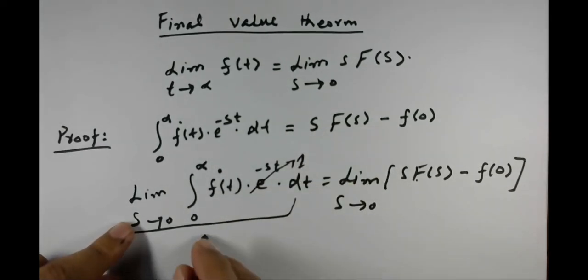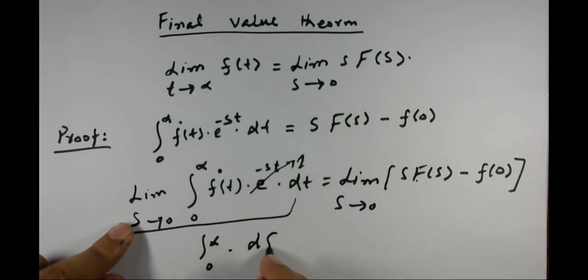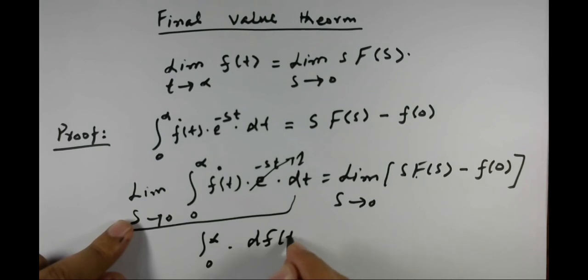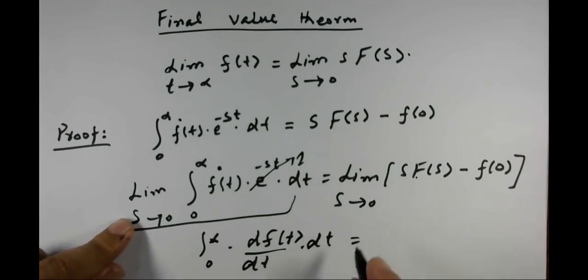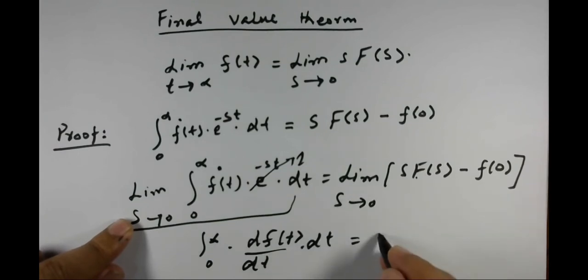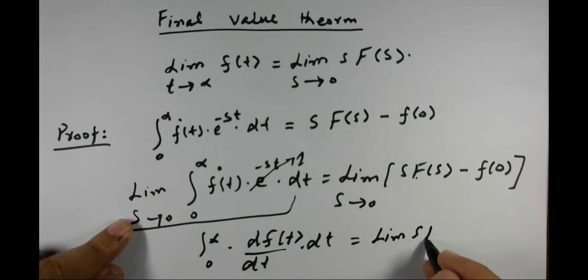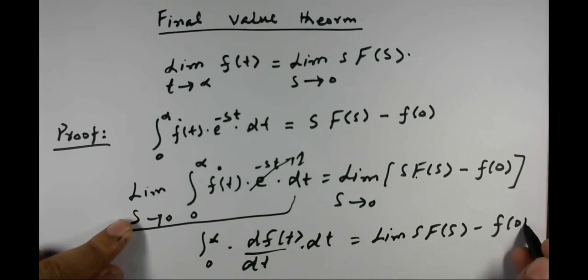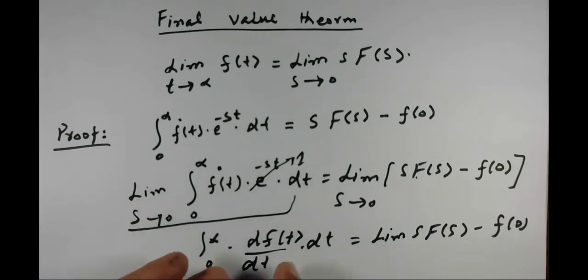What you get at the end is the integral from 0 to infinity of df(t)/dt times dt on the left side of your equation. I'm not changing this value, just simplifying that this limit will apply only to the s terms. So this is sF(s) only, and minus f(0). f(0) has nothing to do with s, the same way as here.